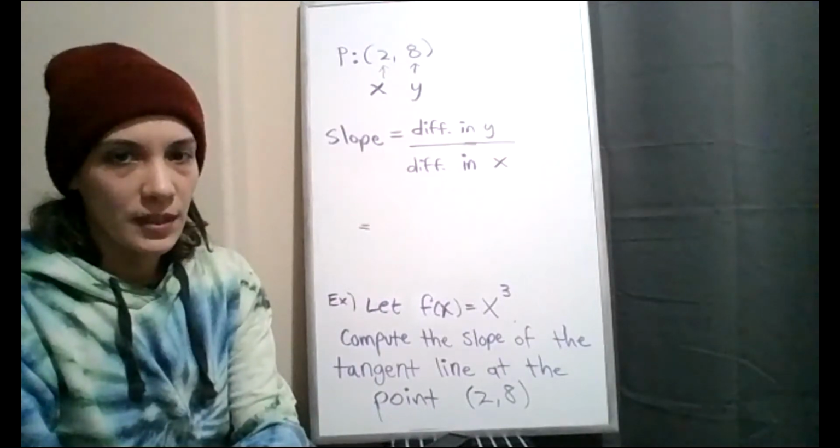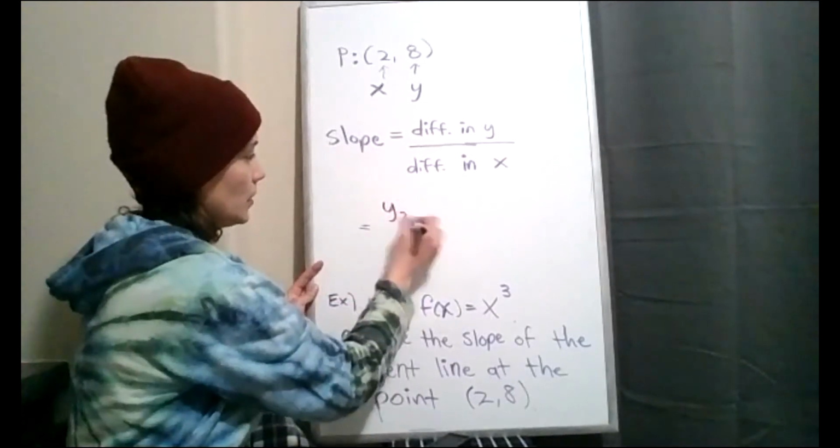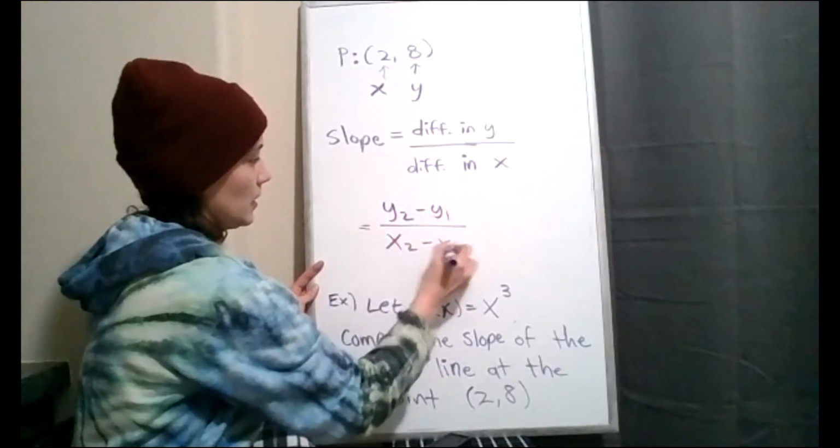Okay, so I just put a little note. We're going to do something like y2 minus y1 over x2 minus x1.